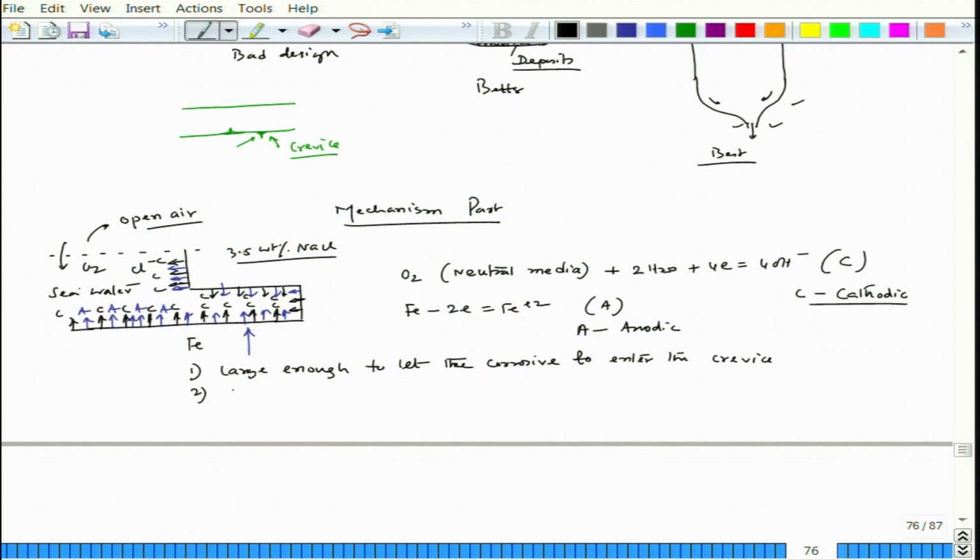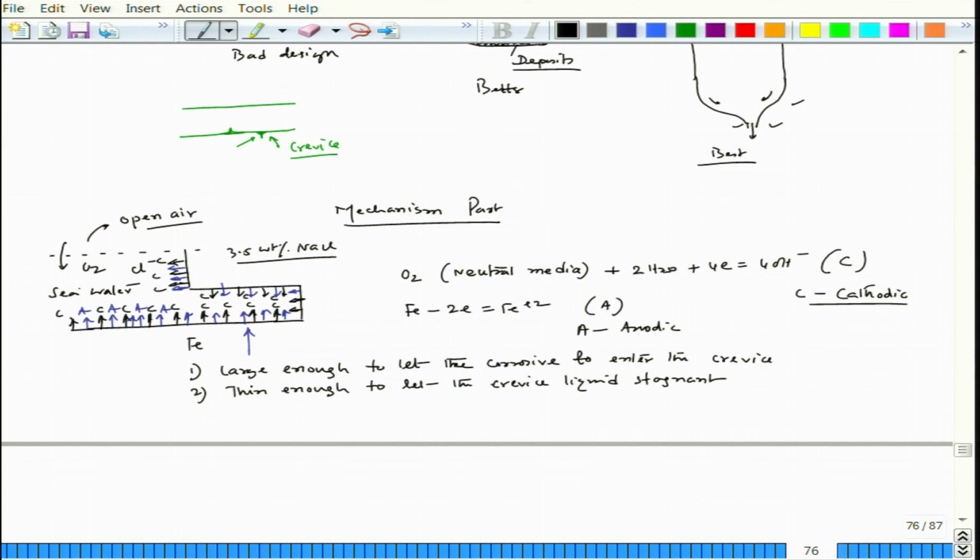The second condition, thin enough to let the crevice liquid stay stagnant. Okay, to let the crevice liquid stay stagnant. So, these are the two conditions.